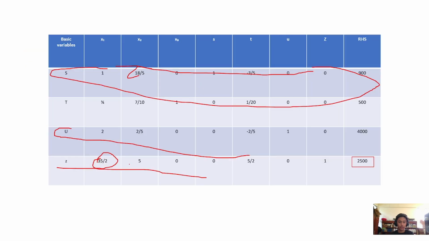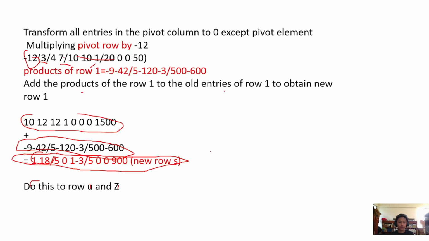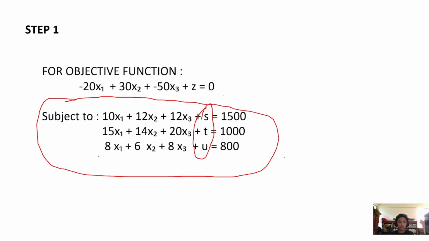So ngayon wala na, nakuha natin yung mga negative. So, therefore, kasi wala negative dito, nakuha natin yung maximum ng mga simplex method. Ito po. Sabi nito.